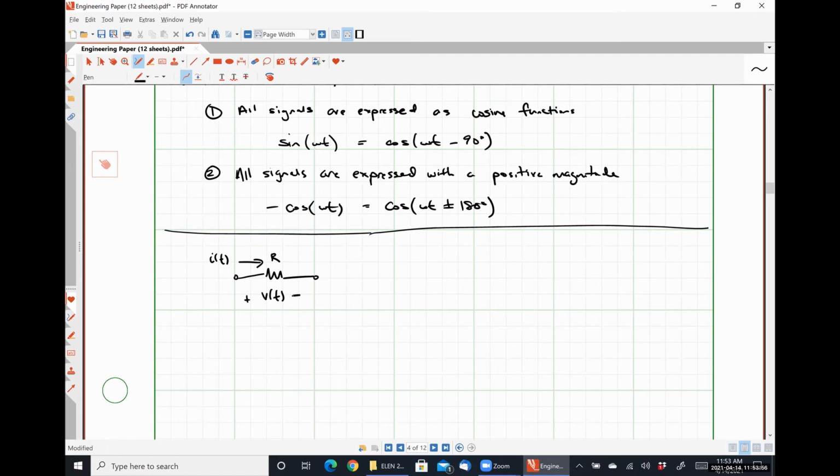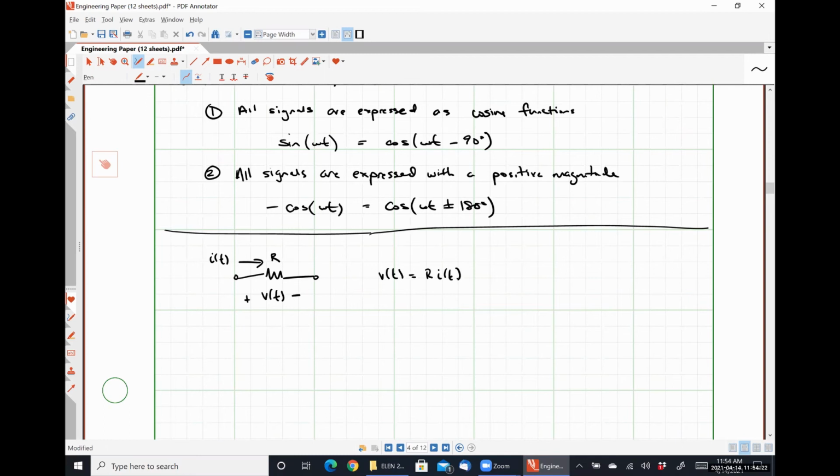All right. What is our current voltage relationship for a resistor? V is equal to IR, just good old Ohm's law, right? So we know that v(t) is equal to R times i(t).